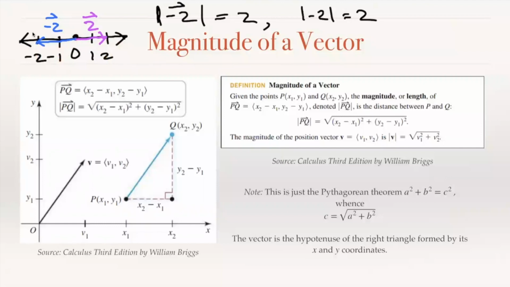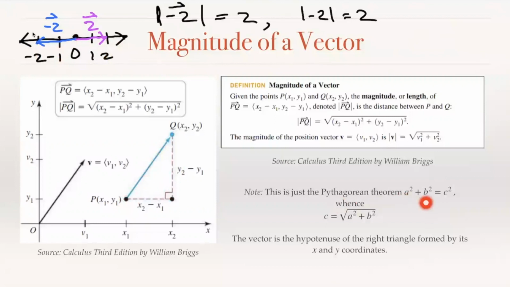Anyway, what is the magnitude of a vector in terms of its coordinates? Well, it's the length of this hypotenuse of the triangle, and we know how to find the hypotenuse of a triangle using the Pythagorean theorem.